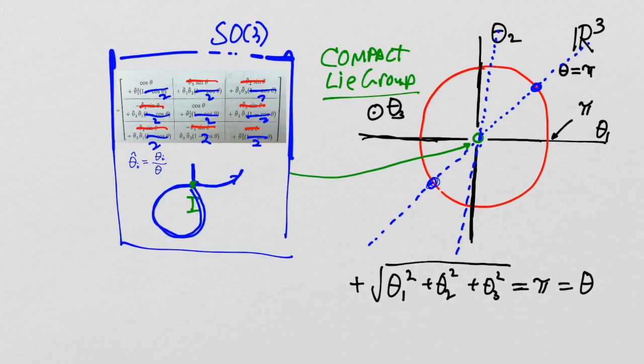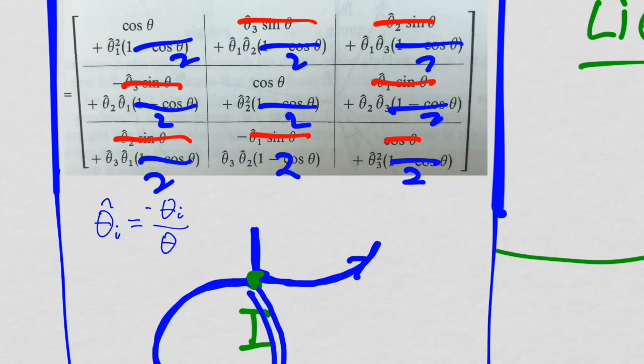So all of these theta hats will change sign because this guy changed sign. This guy down here is always positive, right? Because it's the positive square root of the Pythagorean sum. But notice that they always come in pairs, so that sign change cancels out. It's either squared or it's in pairs. So the sign change actually cancels out.